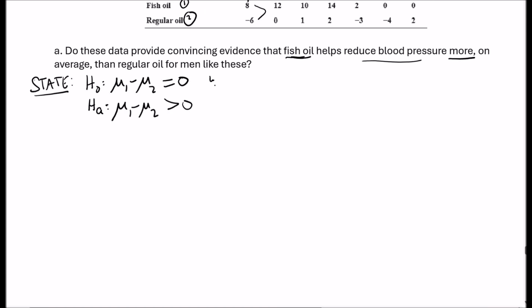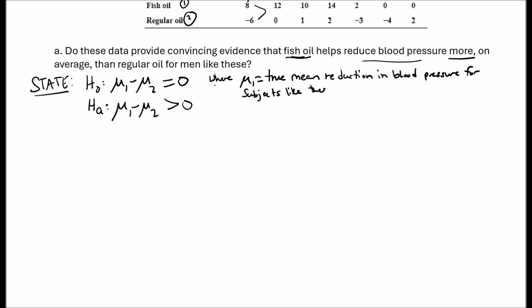All right, so now that we got that taken care of, we can go ahead and define mu1 and mu2. So mu1 is the true mean reduction in blood pressure for subjects like these who take fish oil.